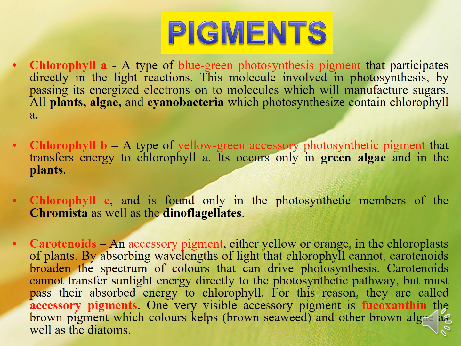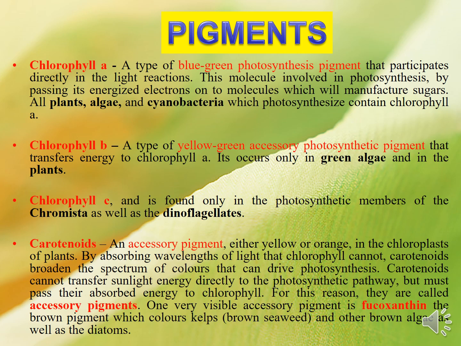So how about the carotenoid? When you extract carotenoid, the color should be from yellow to orange. So they may have different colors, because they absorb different wavelengths.